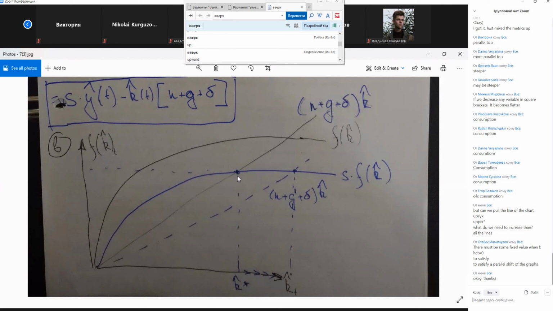And once again, we see that in the steady state, as you remember from the lecture, we are on the balanced growth path. So the economy is still growing, at a particular rate, the rate of n plus g plus delta. It's still good if we look at per capita terms.